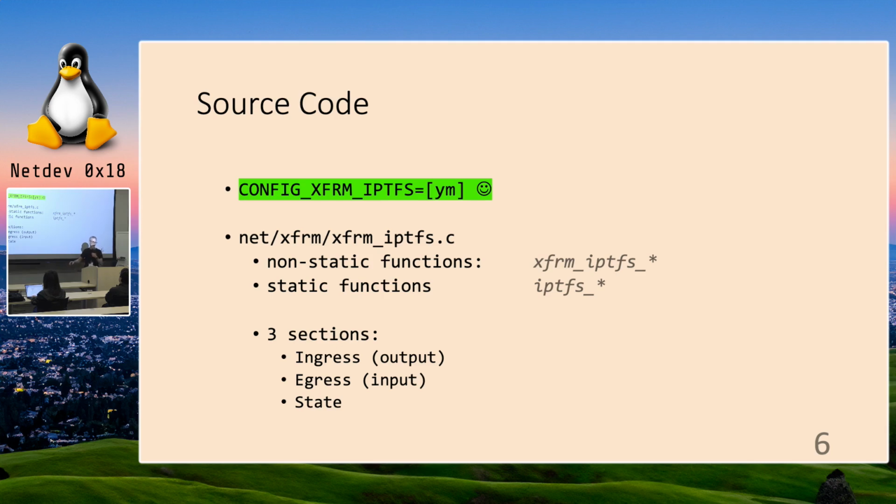This was confusing to one of the reviewers on the list, because the output functions are tunnel ingress, and tunnel egress are the input functions. When I receive traffic, it's actually traffic in the tunnel, but it's leaving the tunnel.